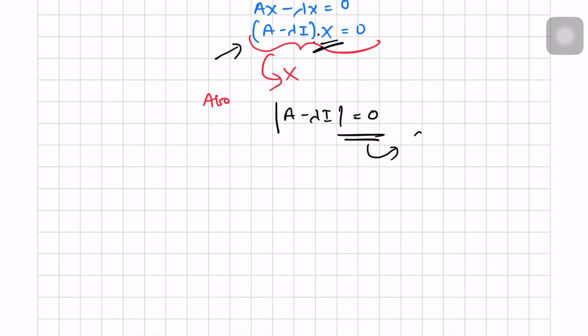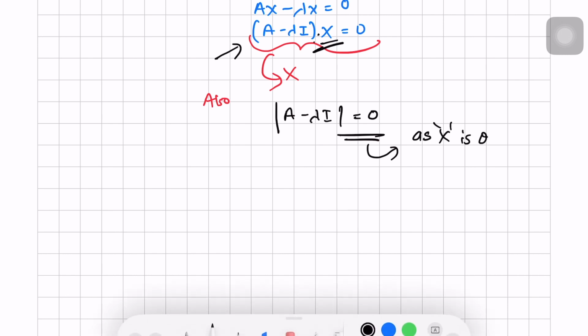In this case, we know that x is not equal to 0.